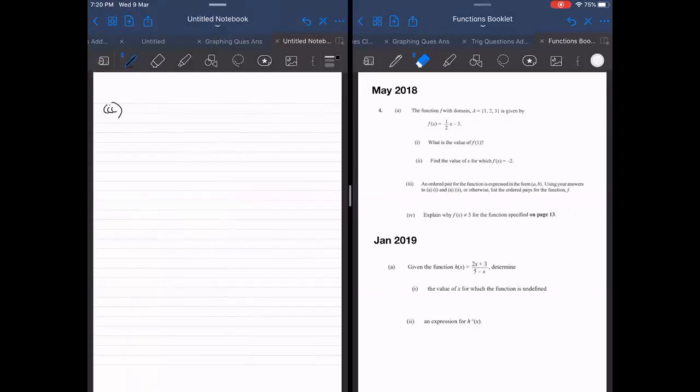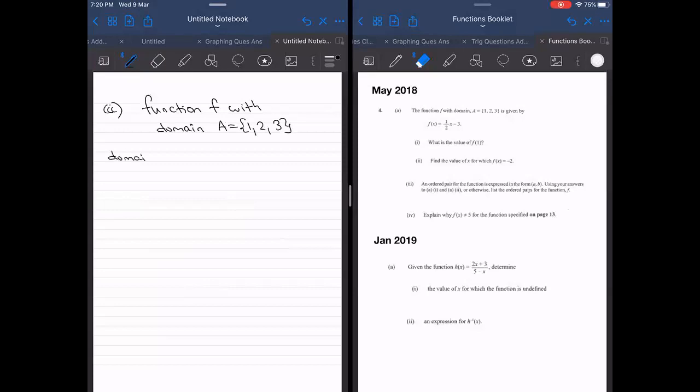Okay, as I said, part 3 is a little bit different. Let's talk about what they mean by domain. So from the beginning, they told us that you have the function f with domain a equal 1, 2, 3. Right?